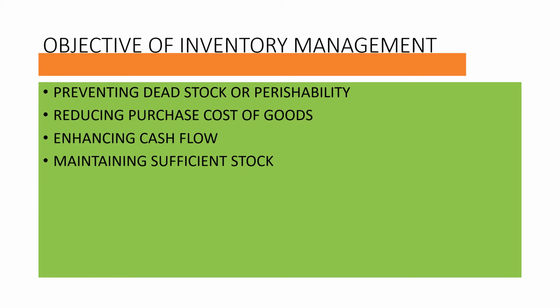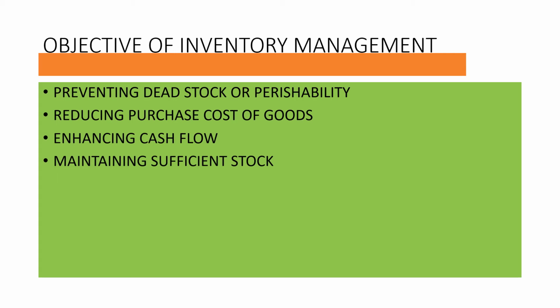Maintaining sufficient stock. You do not know when suddenly your product will have a high demand in the market, and if you do not have enough inventory in your stock, you cannot cope with the situation.